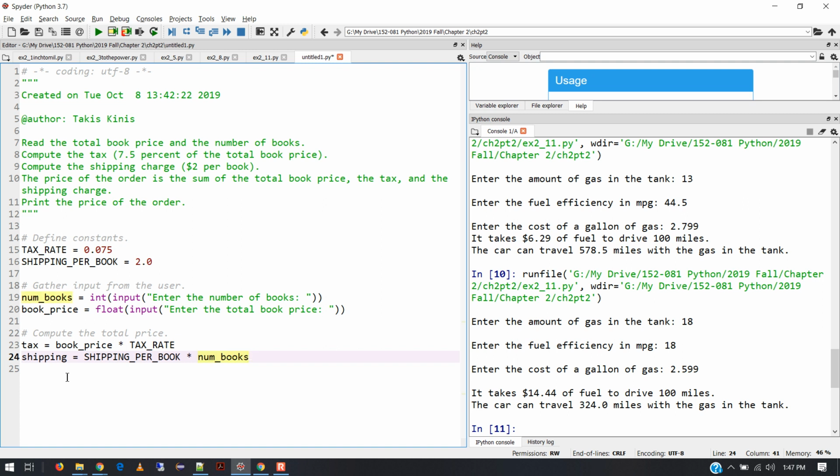Okay. So I got 10 books. It's $2 per book. Okay. Any other math I need to, well, I still need a total, right? So now I've got to add it all together. So I'm just going to come up with a variable. You know what? I'm going to call mine total price.